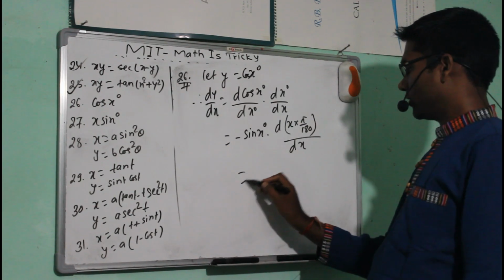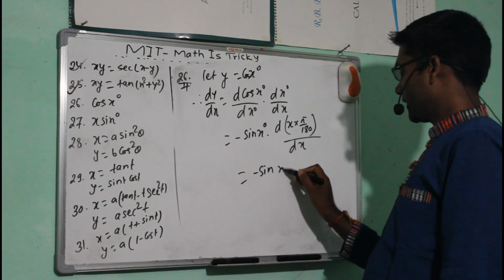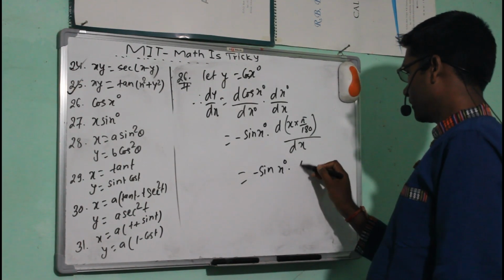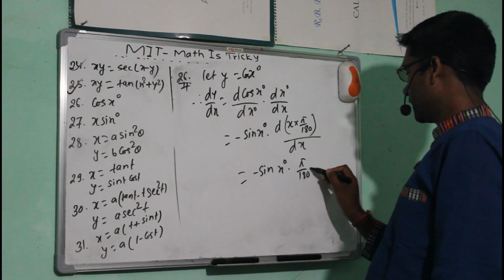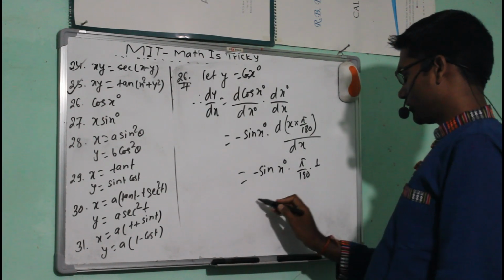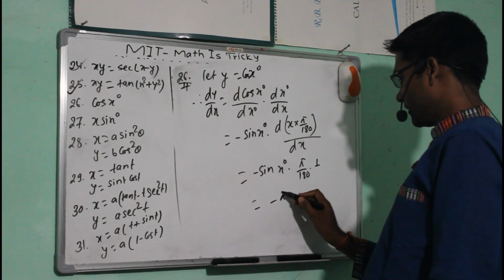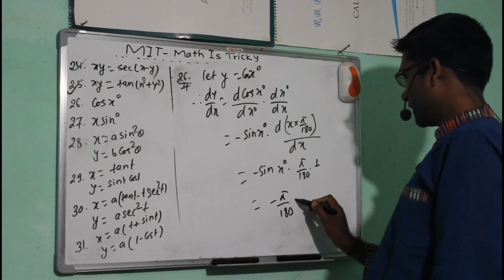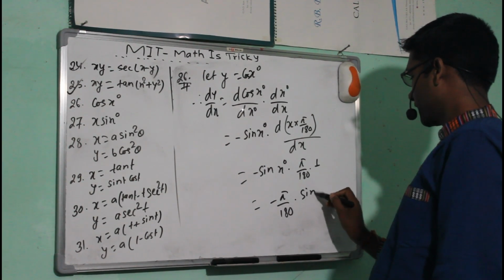Now we can write minus sine x degree into pi by 180 into 1, the derivative of x is 1, so the answer is minus pi by 180 into sine x degree.